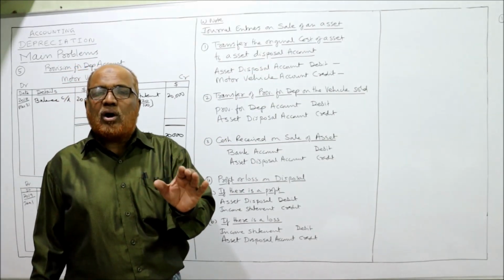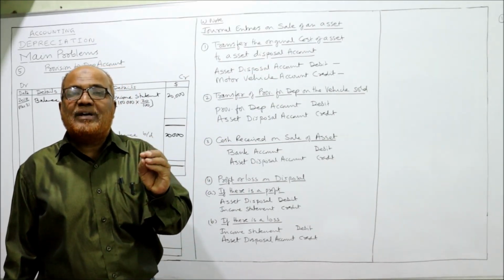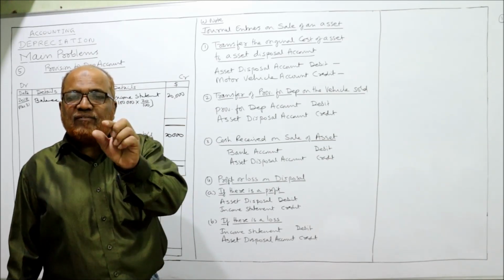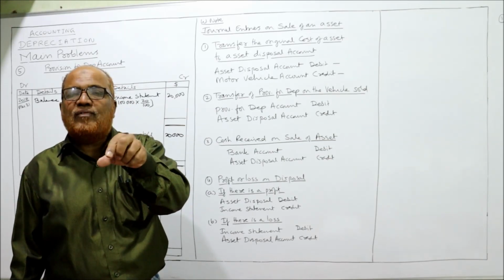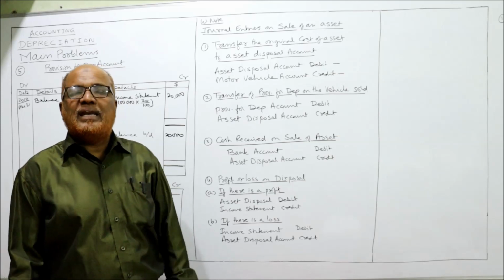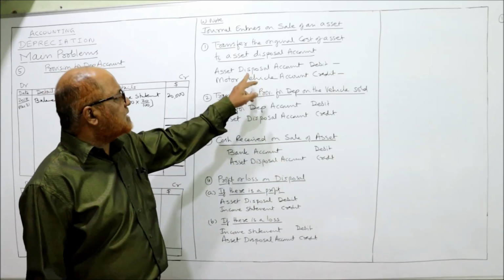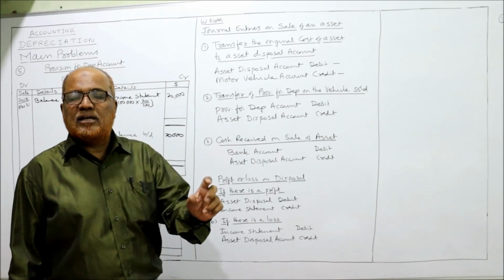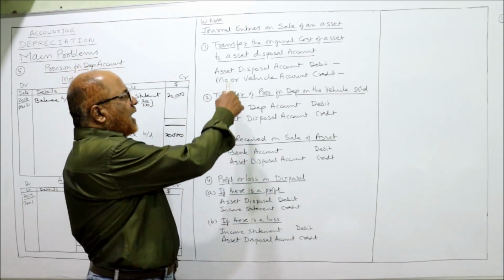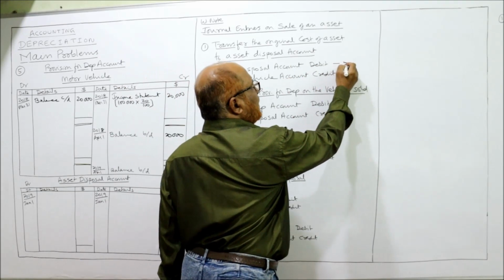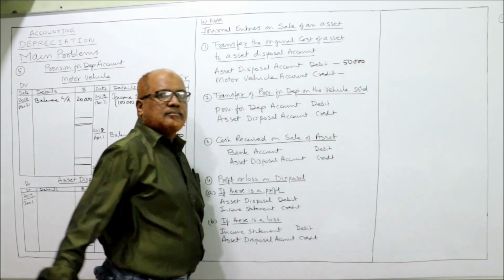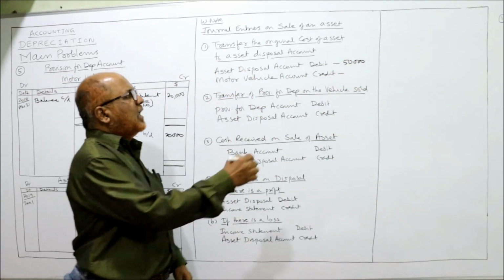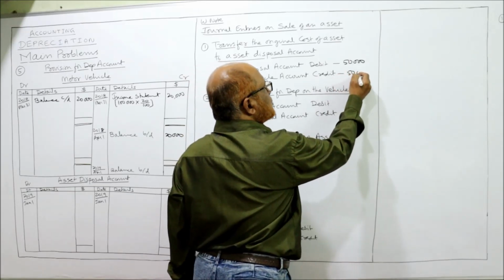The original cost of the vehicle was 50,000. So that 50,000 original cost of the vehicle should be transferred to a new account. The name of the new account is asset disposal account. So the entry: asset disposal account debit 50,000 and motor vehicle account credit 50,000.